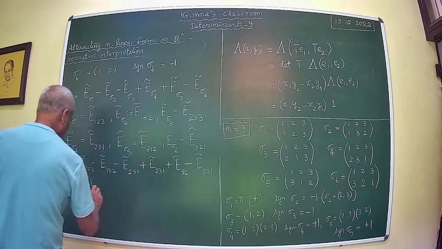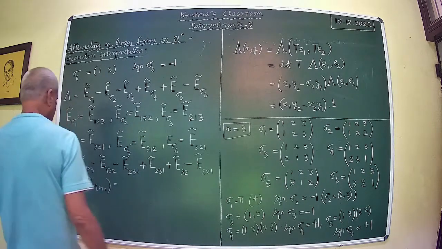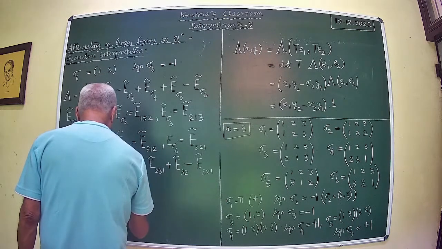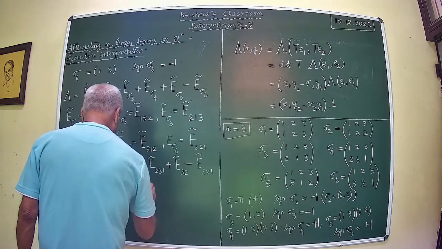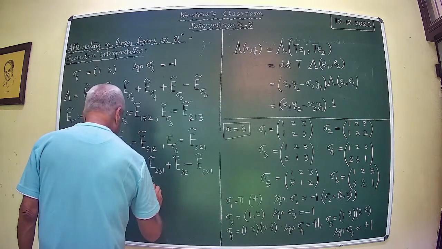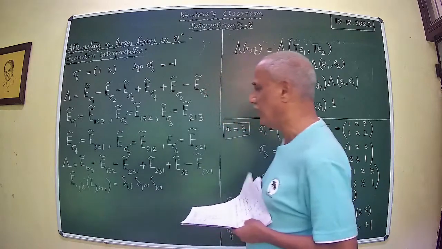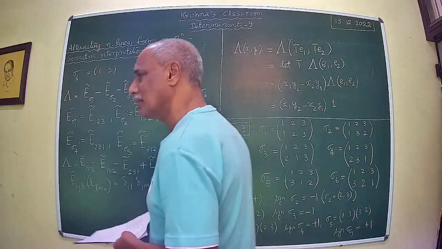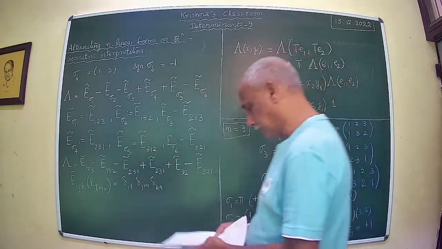And we know the properties of this E i j k tilde acting over E l m n, which equals delta i l delta j m delta k n. So if L M N is equal to I J K, then you get 1, otherwise you get 0. So that's the interpretation.